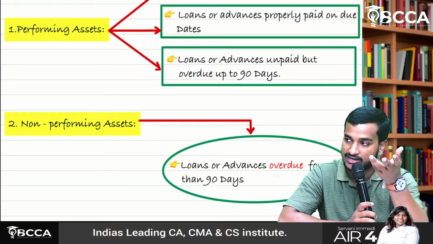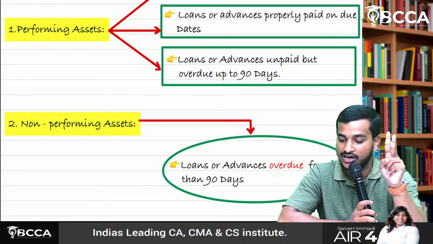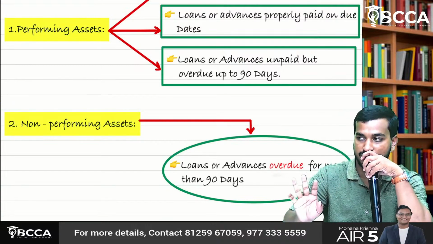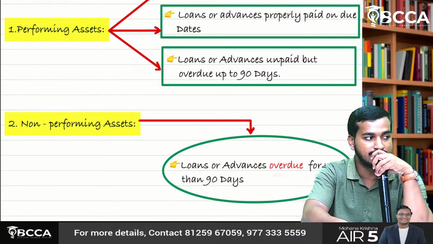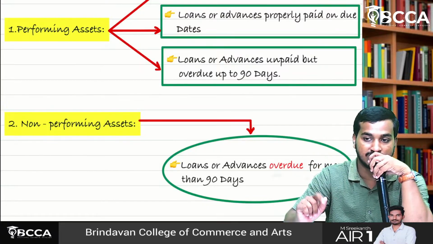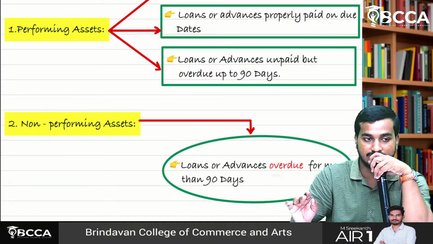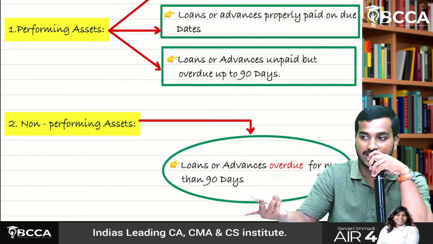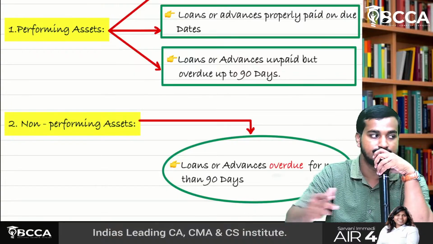Identified as loss by either the RBI or a banker or auditor. The problem is only with substandard and doubtful. When to call substandard? From NPA to 12 months, not from due date to 12 months. If from due date, 15 months. When to call it a doubtful asset? After substandard, I can say.